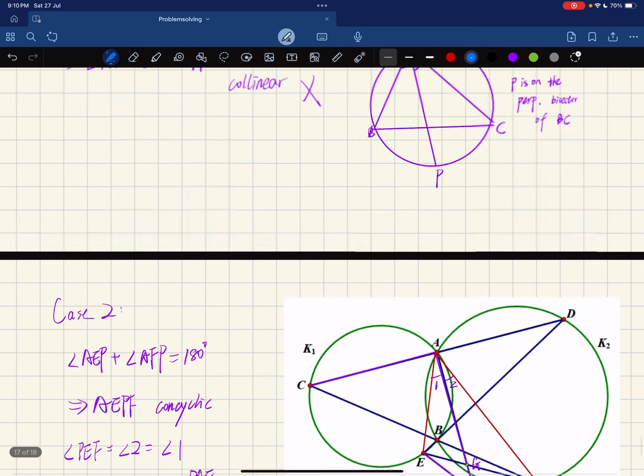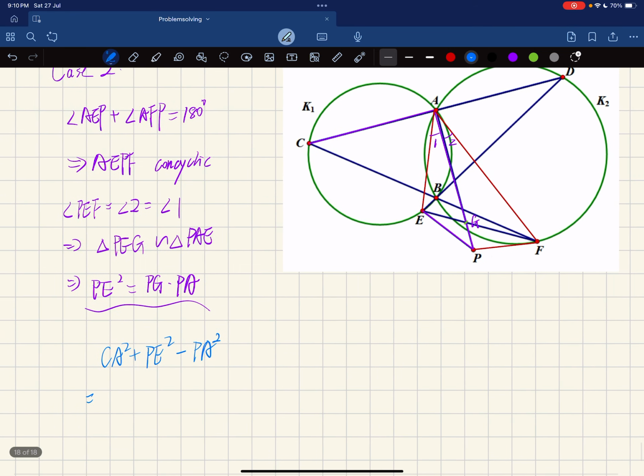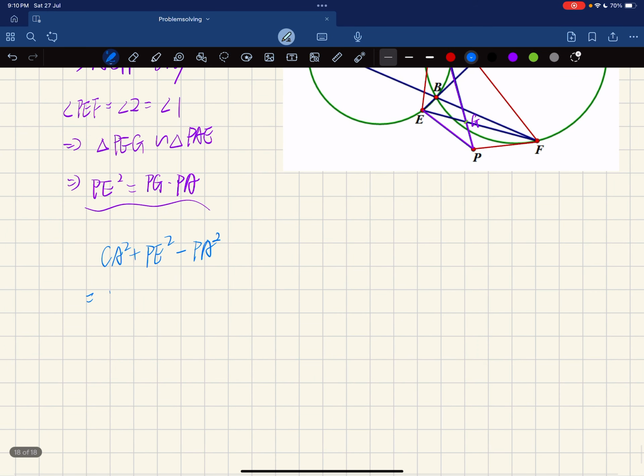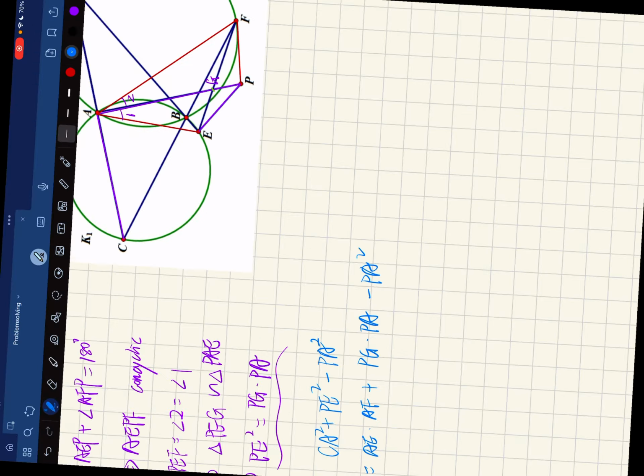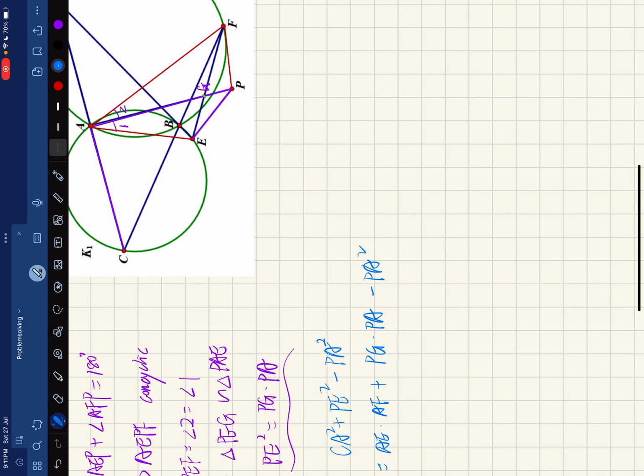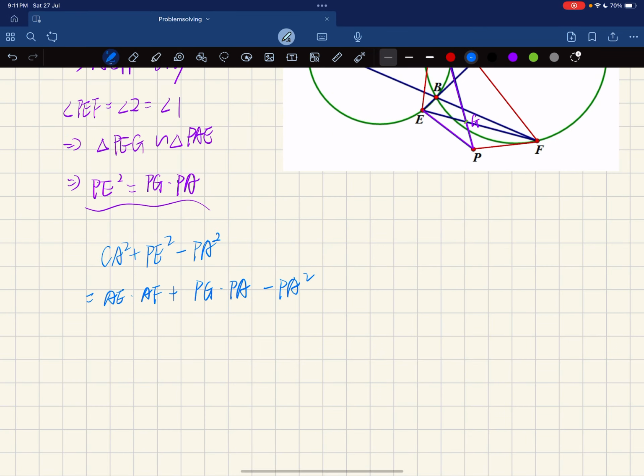That equals to, CA square equals to AE times AF, right? AE times AF plus PG times PA minus PA square. We try to prove that this thing equals to 0, right?